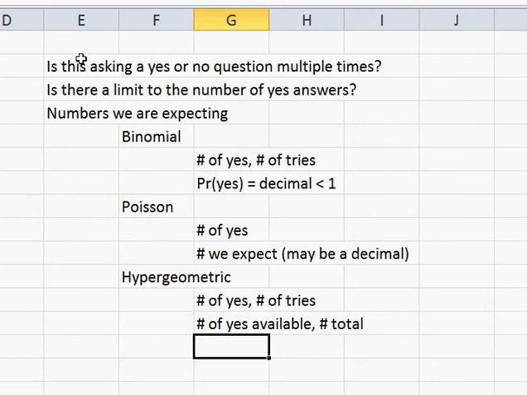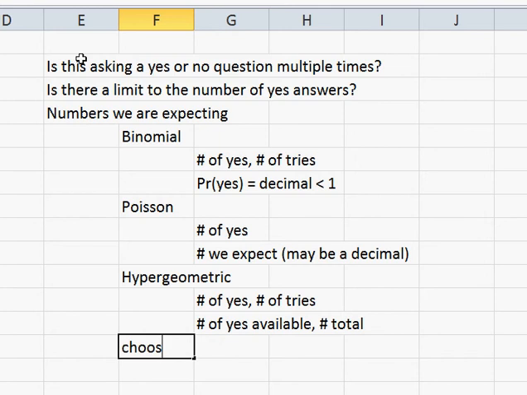So if I'm going to pull 5 balls out of a bingo cage and hope for 3 in the top 20, and there's 40 balls in the cage, so the total will be 40. The number of yeses is 20, right? 21 through 40. I'm going to try 5 times. I'm going to hope for 3. So in Excel, I would write equals hypergeometric 3, 5, 20, 40.